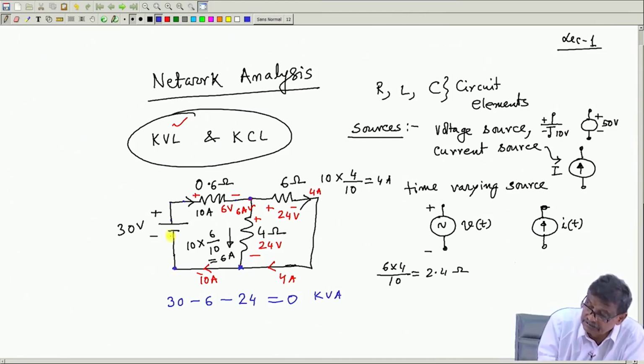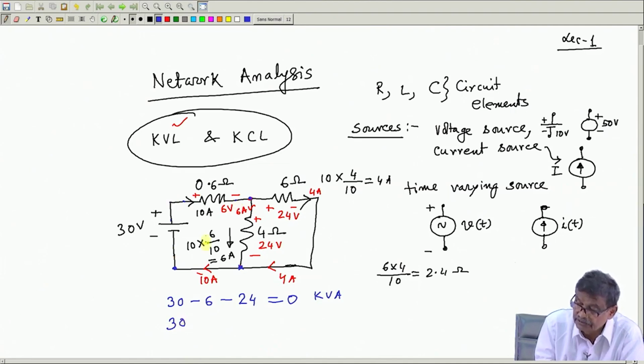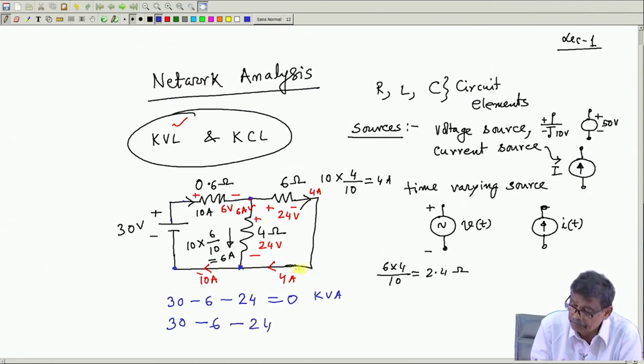So, suppose in this outer loop, you start from this to this point, it is 30 volt, then from this to this, plus to minus, 6 volt, then I have decided I will not go this way, but this way. Then from this to this, if you go, it is minus 24 volt. So, you have reached this point and you have decided to come back here, forming the closed path, and that also amounts to 0.